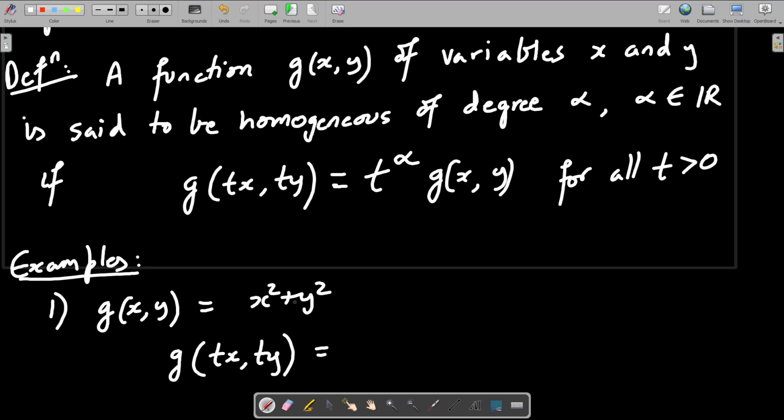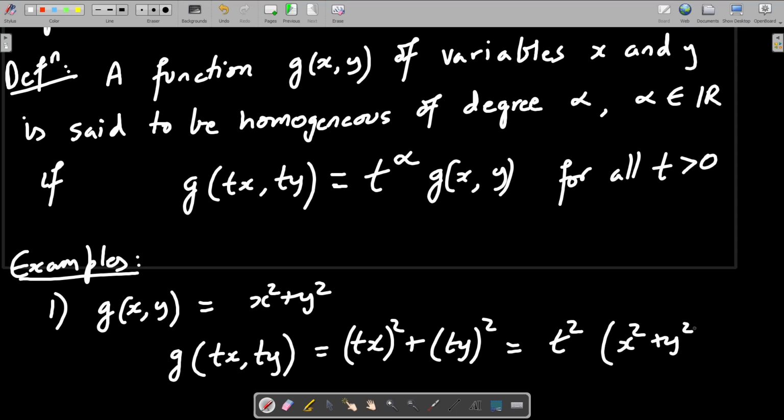So this becomes tx the whole square plus ty the whole square. Clear? Now what do you see here? That this t square will come out, and this is nothing but t square into g of x y.